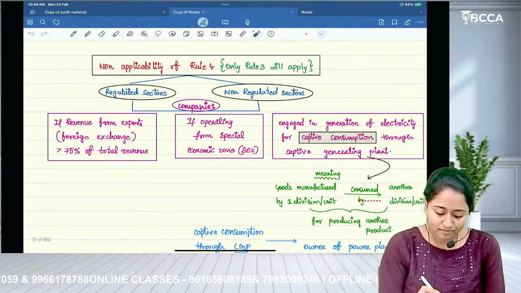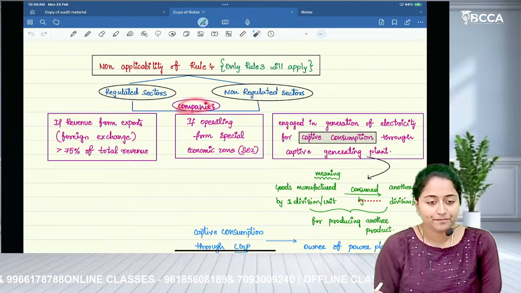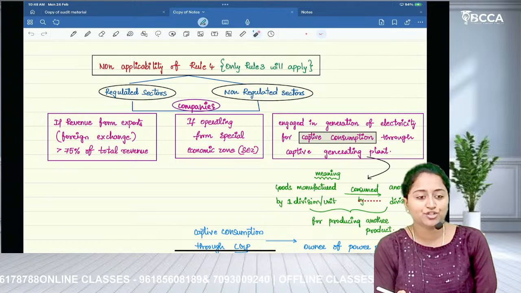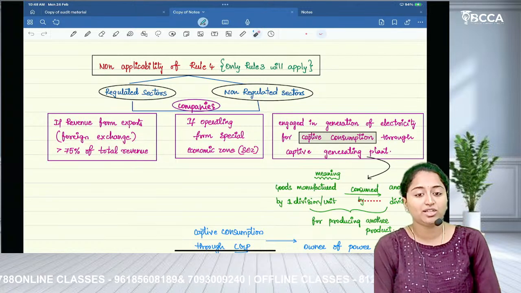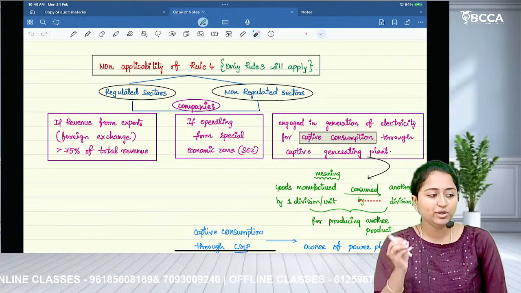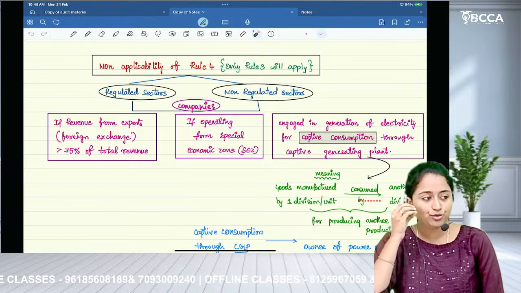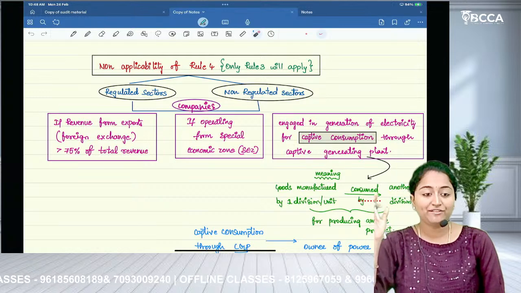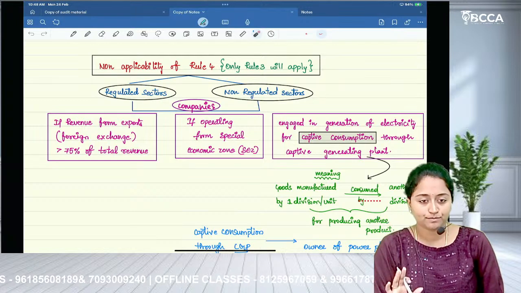Now, regulated sectors, non-regulated sectors. If a company's revenue from exports, which is foreign exchange revenue, is more than 75% of total revenue, which means the company is doing only exports to the foreign market, so the revenue being generated is entirely foreign exchange revenue.